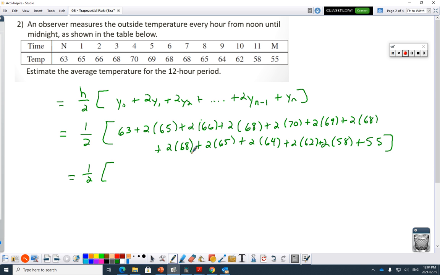Plus 2 times 65, plus 2 times 64, plus 2 times 62, plus 2 times 58, plus just 55. 1564. Anybody else? Oh, Veronica's nodding. And then I need 1/2 of that. I get average temperature of 782.